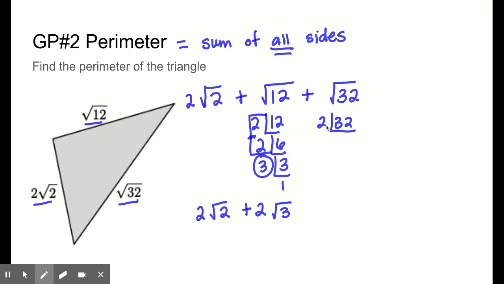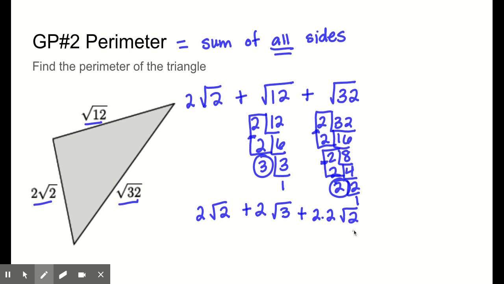For 32, that's 2 and 16, 2 and 8, 2 and 4, 2 and 2, and 2 and 1. We have 2 pairs of 2s and a leftover 2. Because we have 2 pairs of 2s, that means 2 2s go outside the radical and our leftover goes inside the radical.